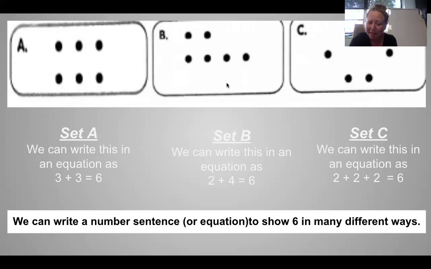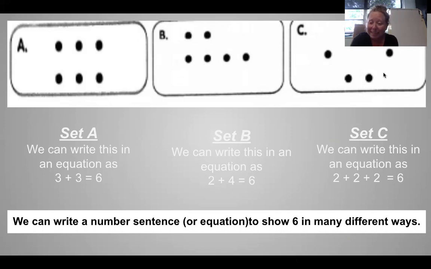Let's look at set B. We can write this in an equation as 2 plus 4 equals 6. Say that with me. 2 plus 4 equals 6.